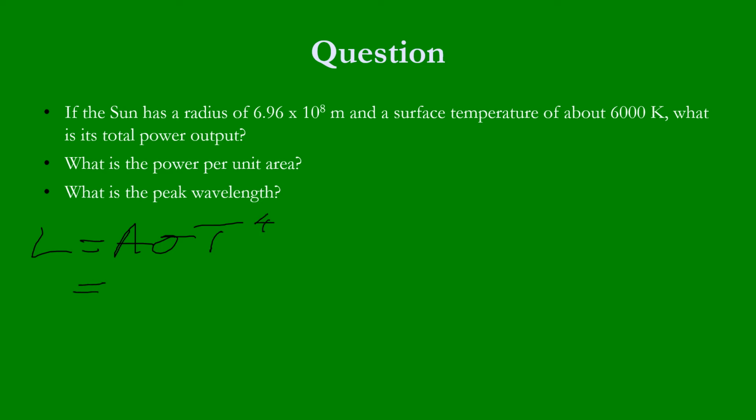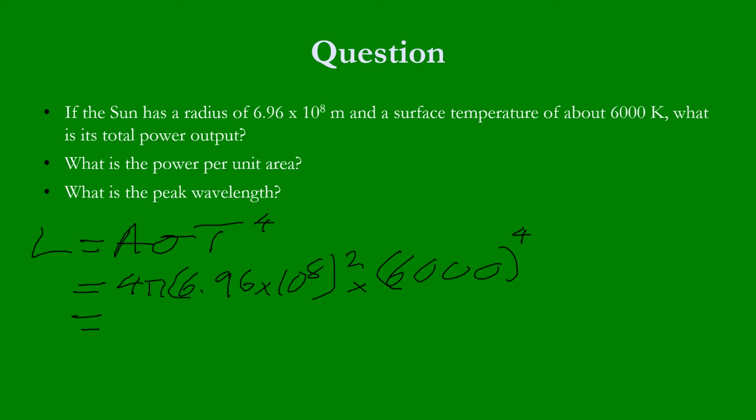So remember, we said that we're treating the star as a perfect sphere, so it's 4 pi r squared for the area, times that temperature to the 4th power. This will give us the luminosity, which is the energy output. That energy output is going to be in watts, so that's the unit. Put that into your calculator, and I've missed out the constant.